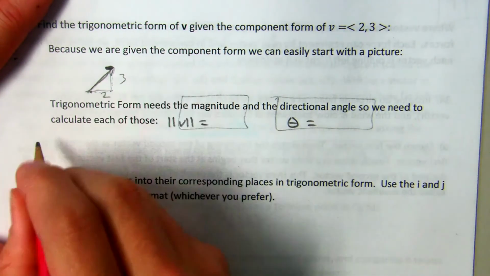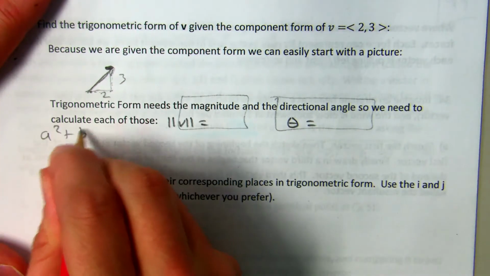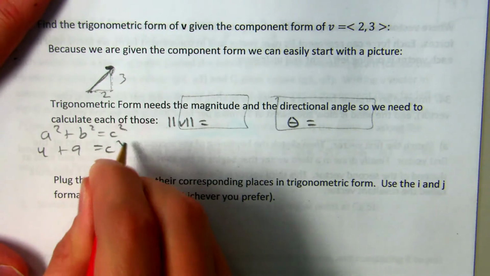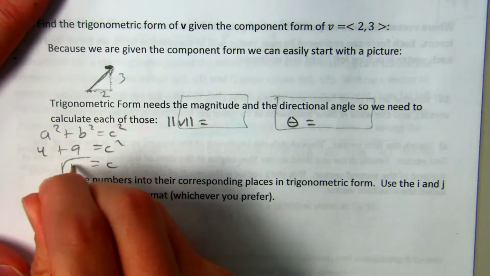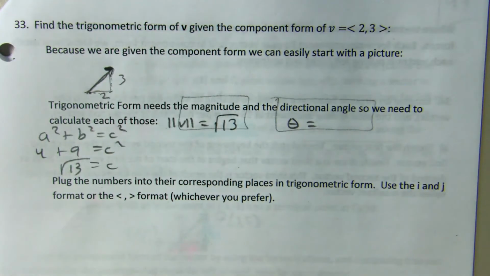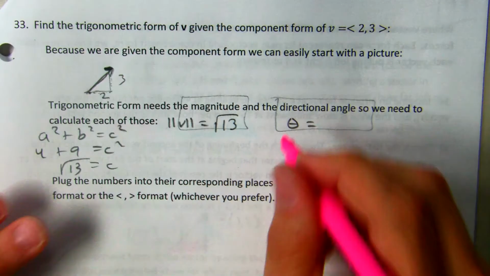I have the right triangle, so I can think of this as the Pythagorean theorem. That's one of the two things I need for trigonometric form. And I need to know the angle it makes with the positive x-axis.